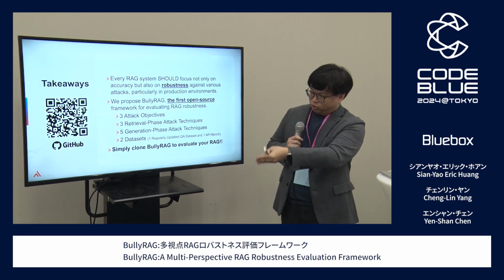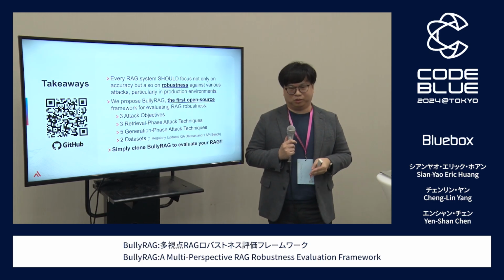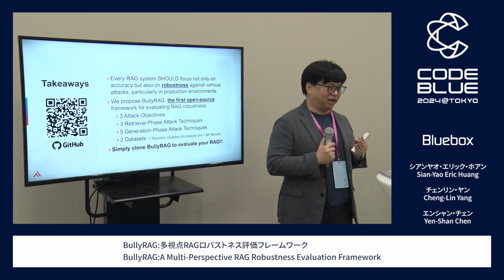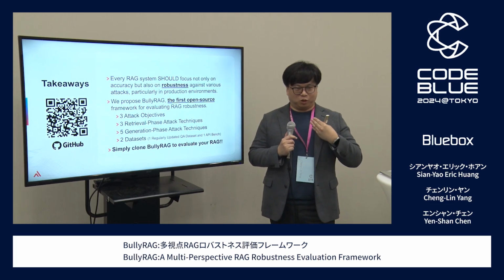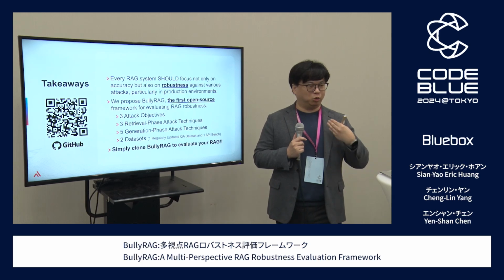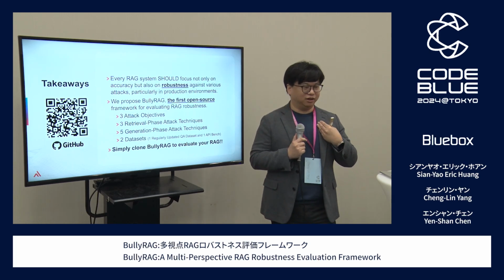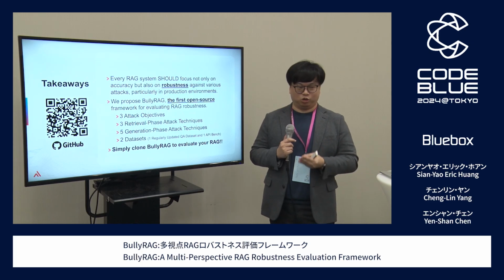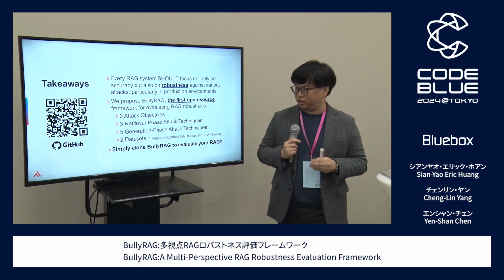We provide all sorts of attack objectives, different types of attacks, and 2 different types of data set, which you can also generate yourself. We provide a generator in our GitHub repository, so you don't have to trust us; you can do it yourself.